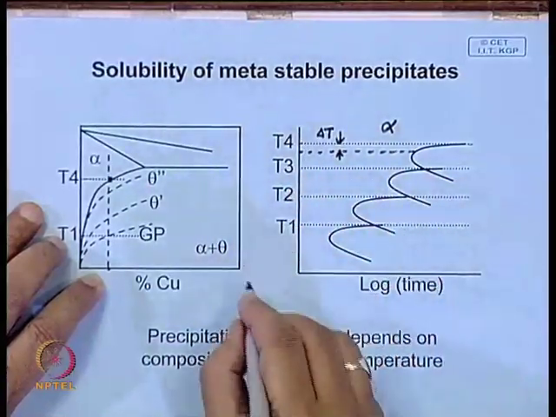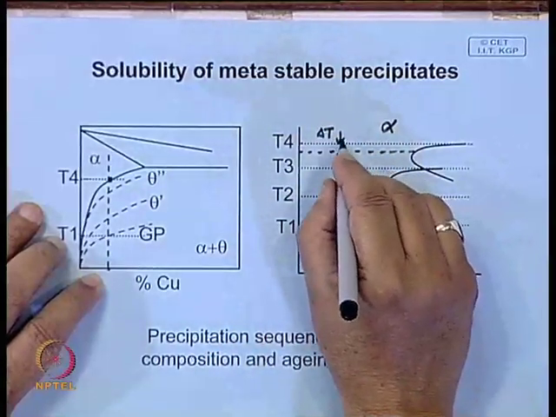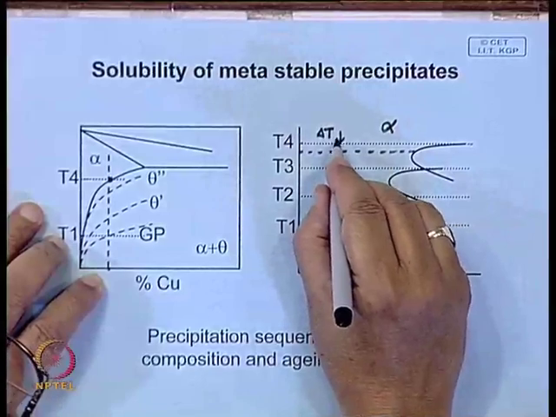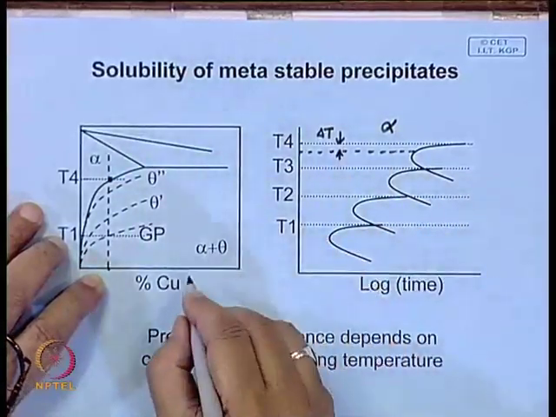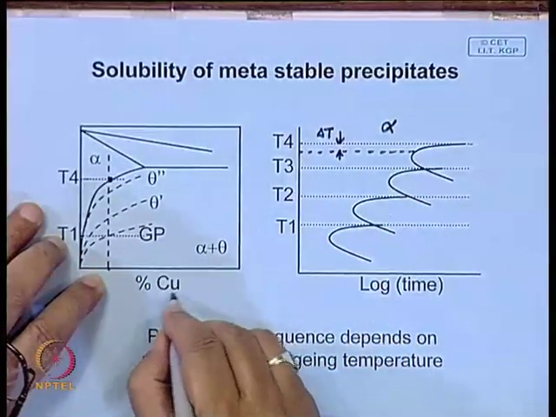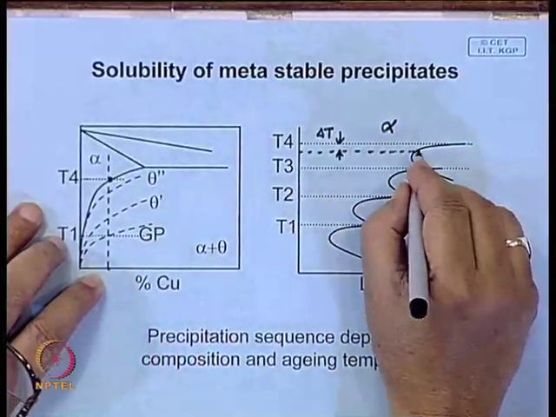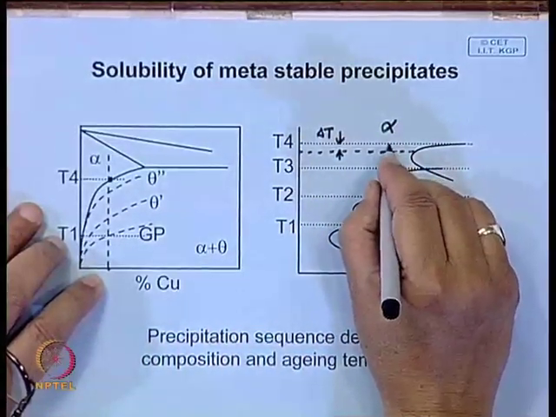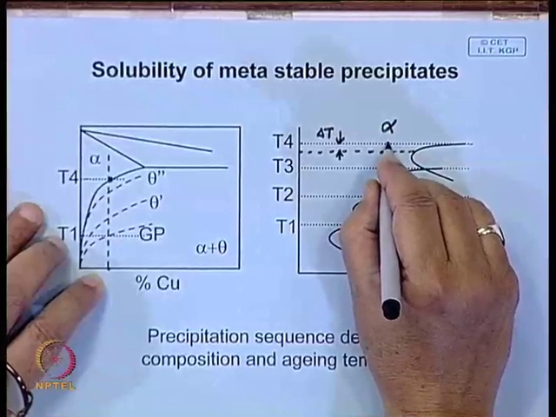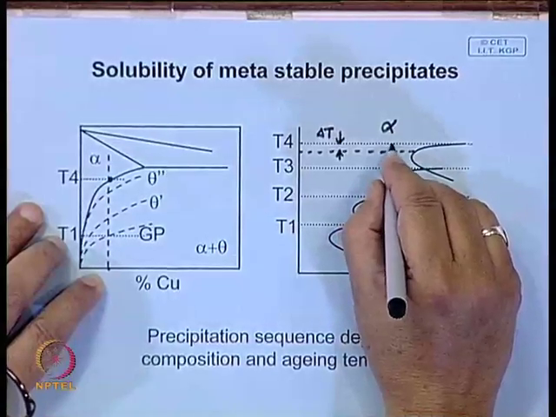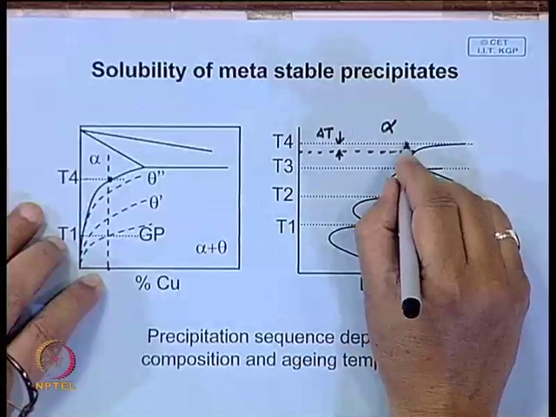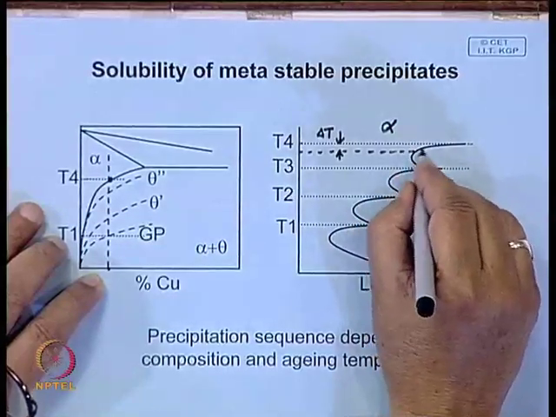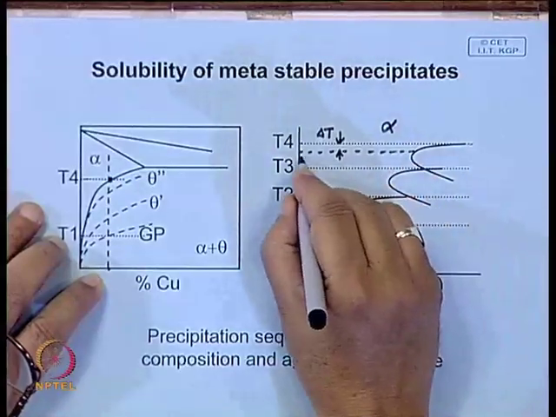You have to give time for the atoms, let us say copper atoms, to move in the aluminum lattice, and this is a process of diffusion. And diffusion, we know, the higher the temperature, the higher the rate of diffusion. So, as you go down, diffusivity decreases and diffusion becomes slower, and there is an optimum condition here.